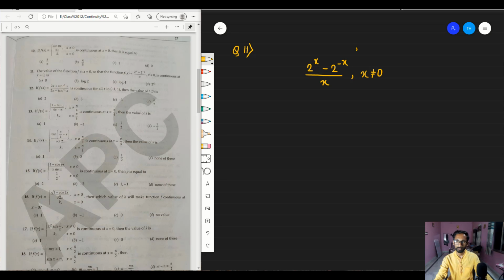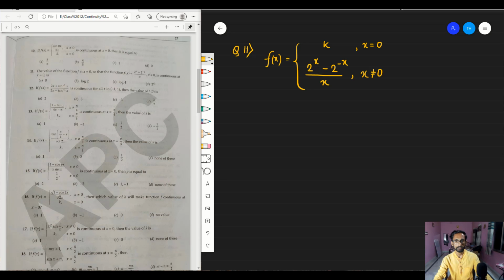And the value of the same function for x equals 0 is unknown. Let us assume the value of the function as k for x equals 0. So this is the complete or modified definition of the function in question number 11.